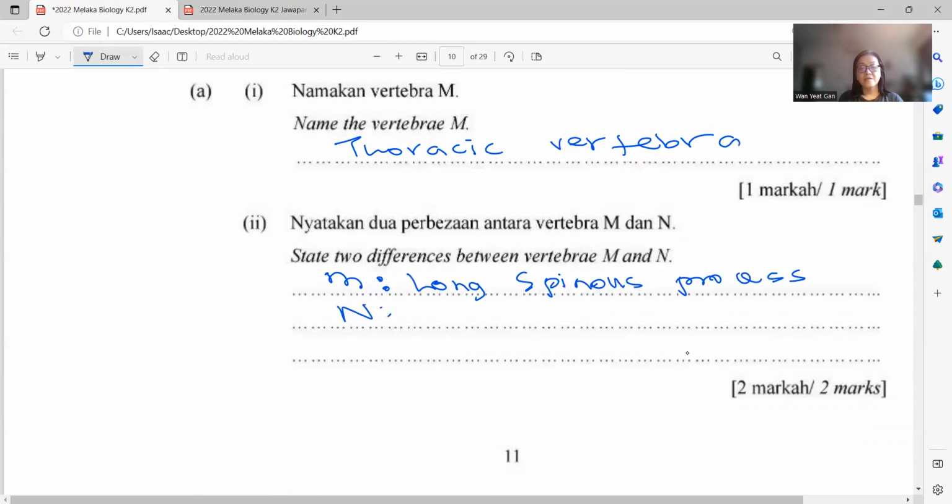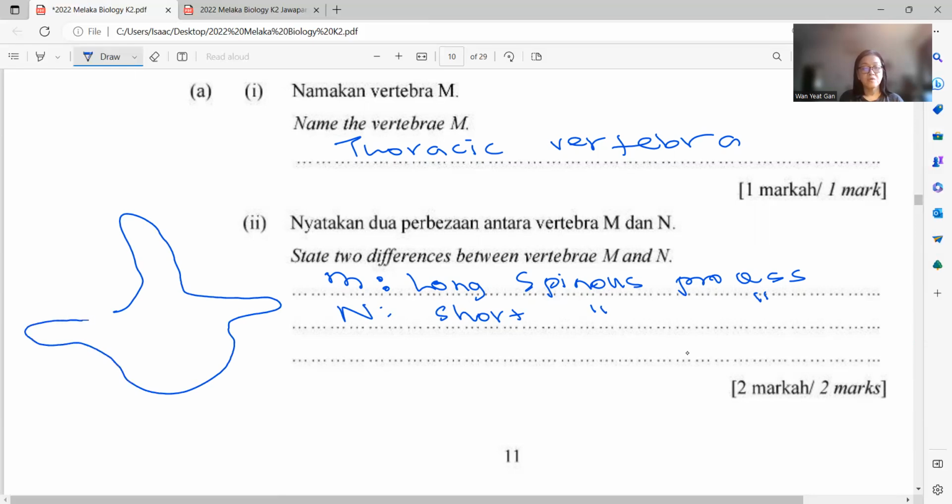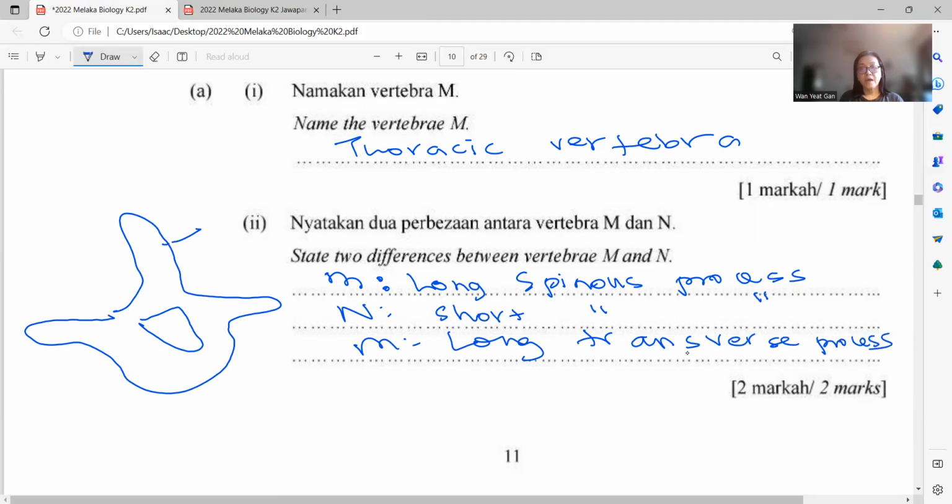For N, short spinous process. So the spinous process is the one that is projected out. Okay, this is the one. Then M has a long transverse process, whereas N has a short transverse process.